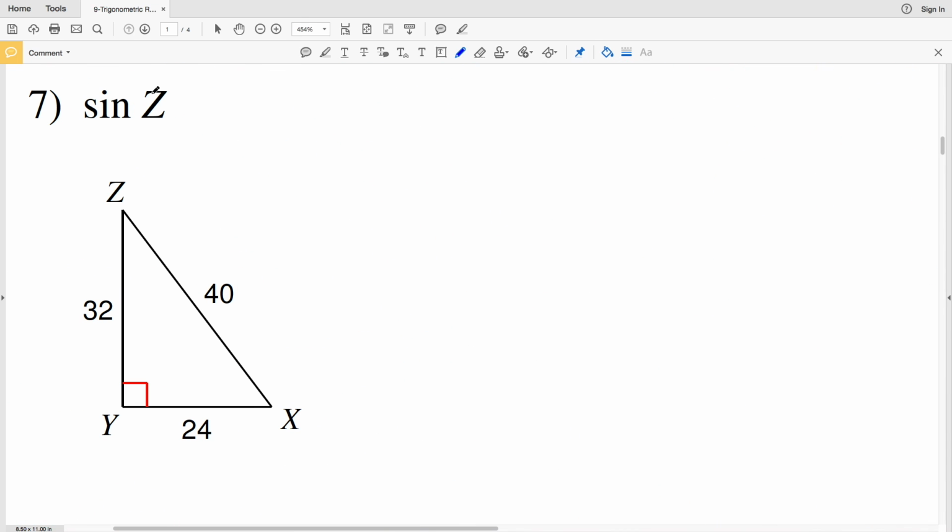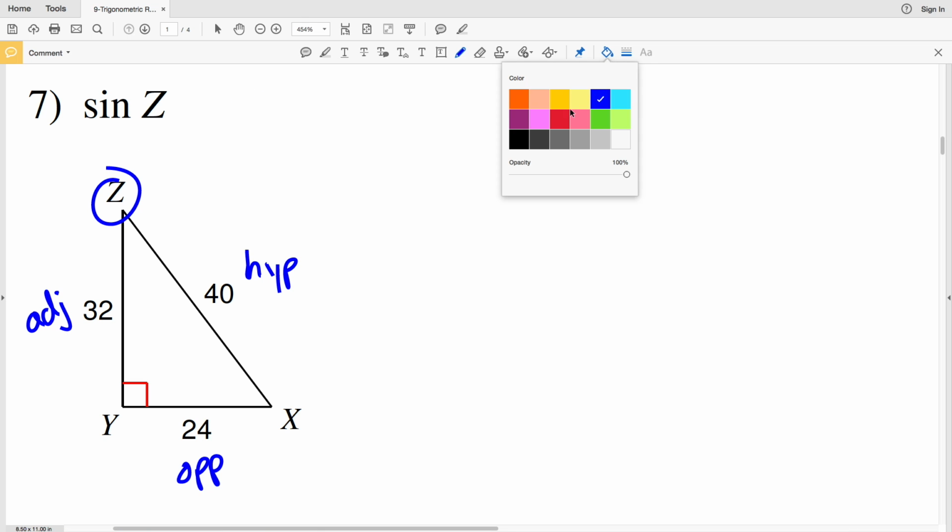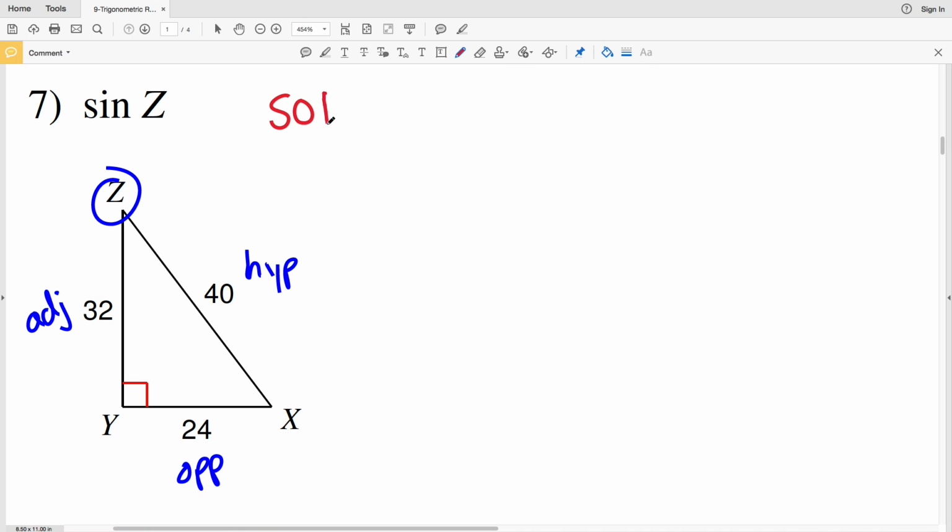In number 7, the angle is Z. So opposite Z is YX, adjacent Z is 32, and the hypotenuse is 40. So the sine of Z, when you hear sine, think SOH. That's going to be sine equals opposite over hypotenuse. And we already labeled our sides.